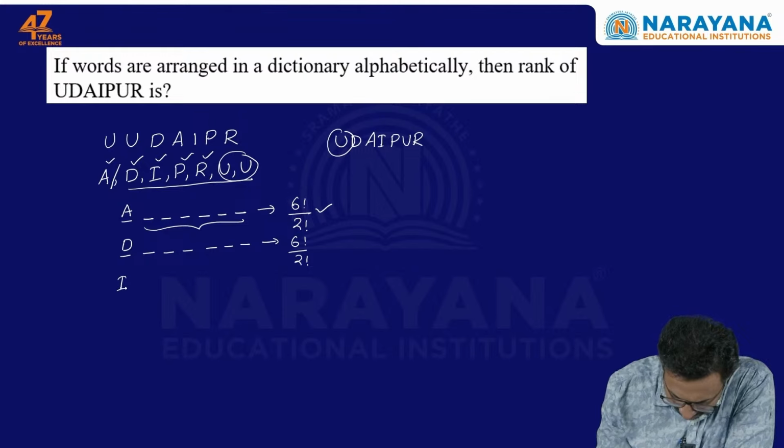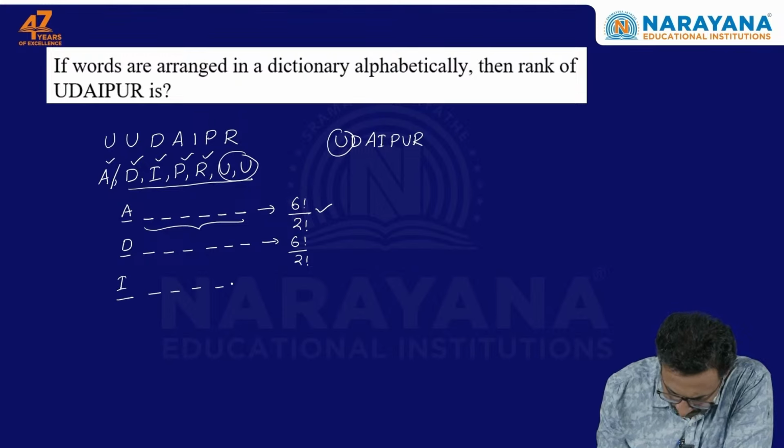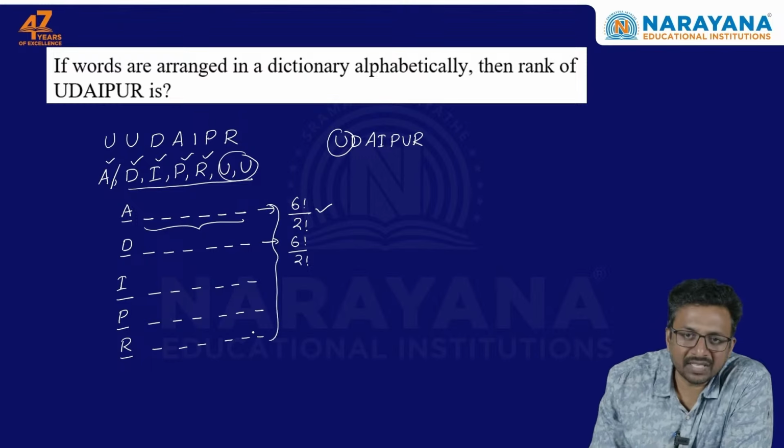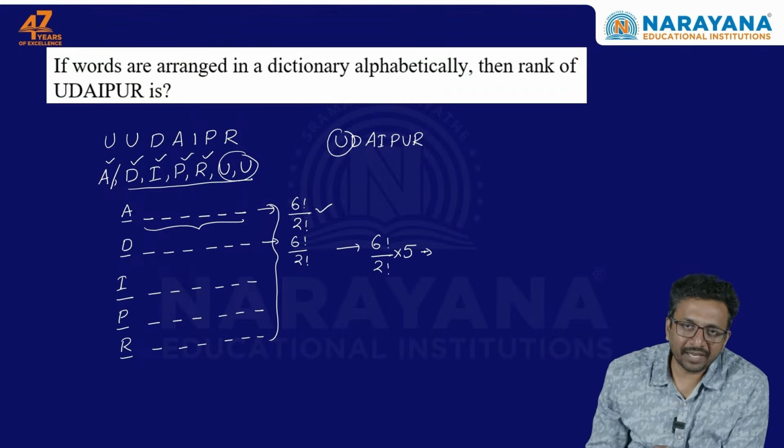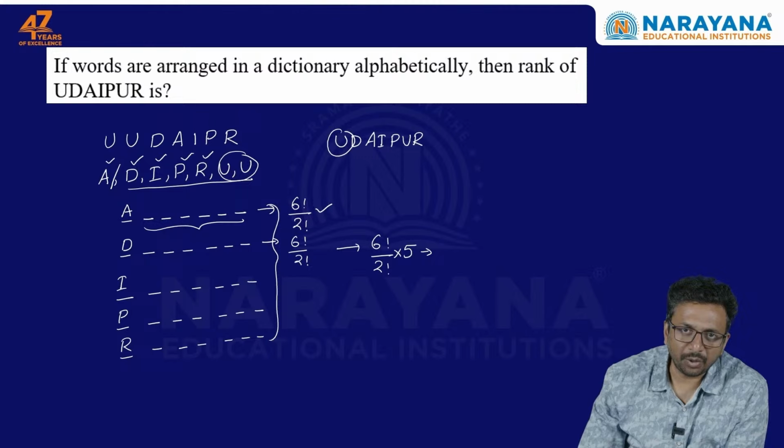So starting with I, starting with P, starting with R, each of them will be 6 factorial by 2 factorial. So all this is 6 factorial by 2 factorial into 5. So these many words will be completed before the first word starting with U.